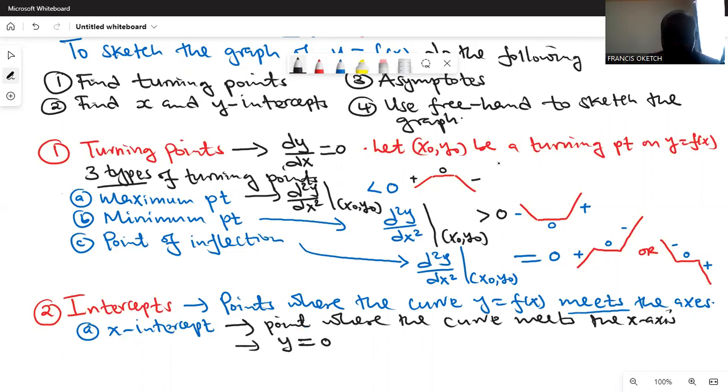When you're on the x-axis, the value of y must be 0. So to find the x-intercept, you need to substitute y equals 0 into the equation that you're given, and then solve for x.